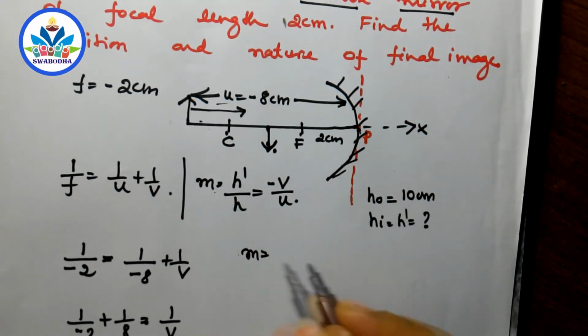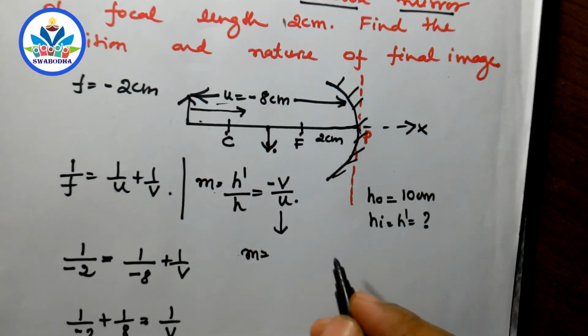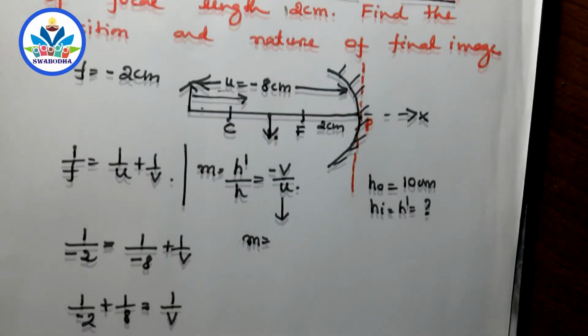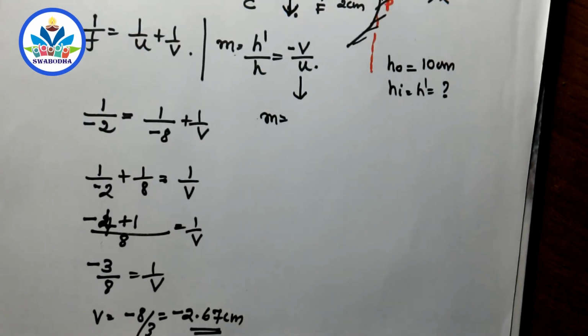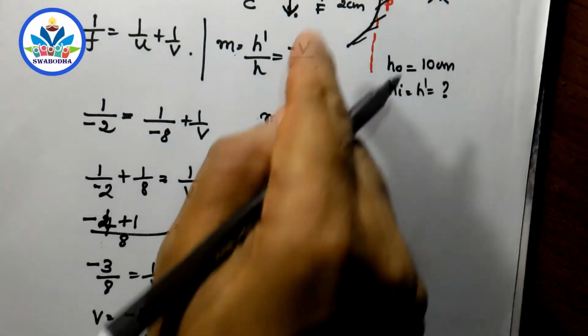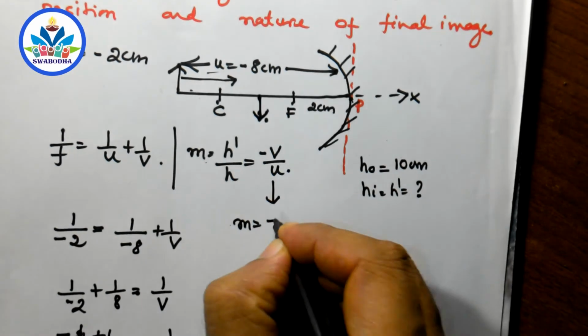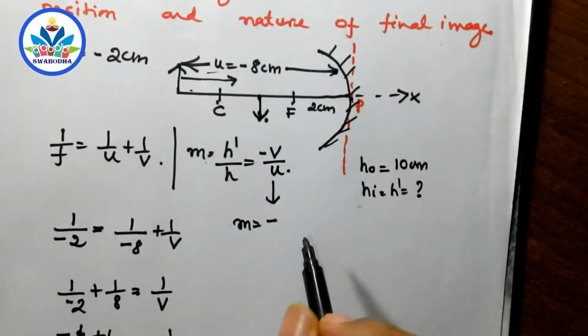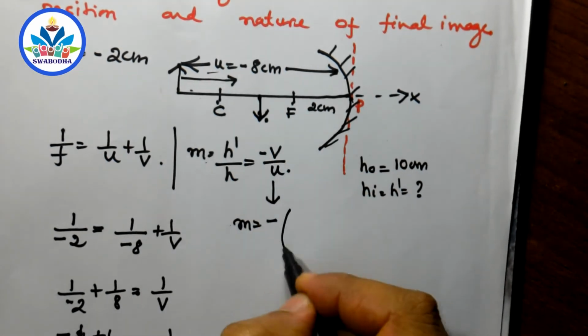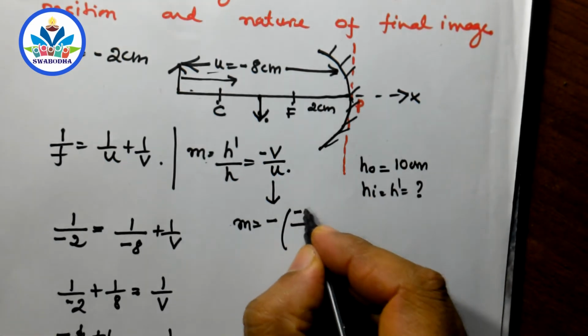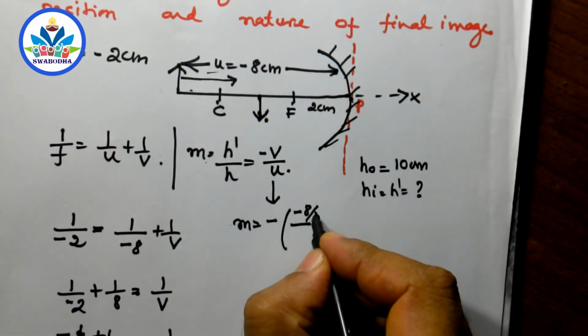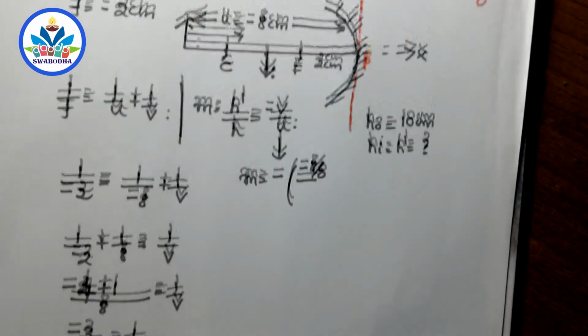M is equal to, I will use this formula, minus V by U, because we know all the data. What is V? V, I will use it as minus 8 by 3 only, okay? Because it is formed on this side, minus 8 by 3. So minus in this formula, into V is minus 8 by 3, because we got the answer minus 8 by 3. You can see it here.